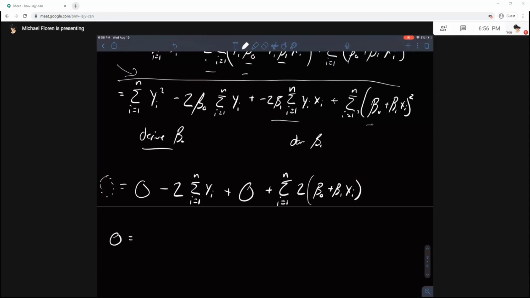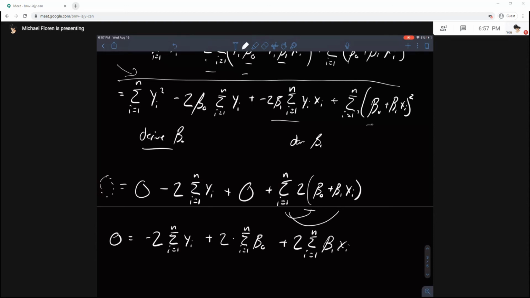So I get 0 equals negative 2, sum from i equals 1 to n of y sub i, plus, and now I can go on and start factoring out some different pieces and distribute this sum in, because now it's no longer squared. So it's going to be plus 2 times the sum of i equals 1 to n of beta 0, and I'm not taking beta 0 out, we'll talk about that in a sec, plus 2 times the sum from i equals 1 to n of beta 1 x sub i.